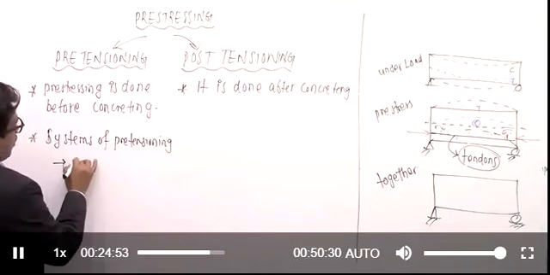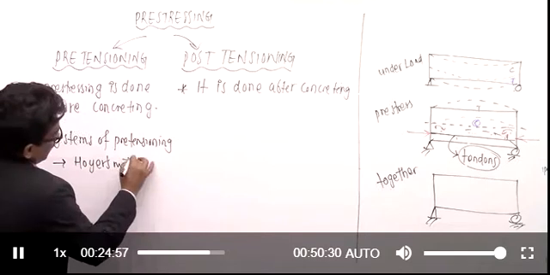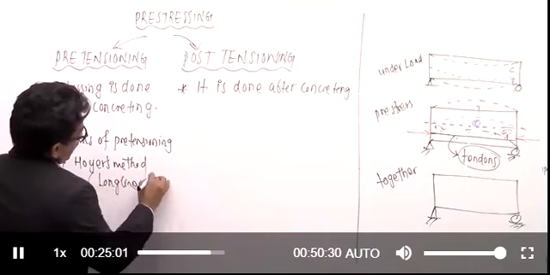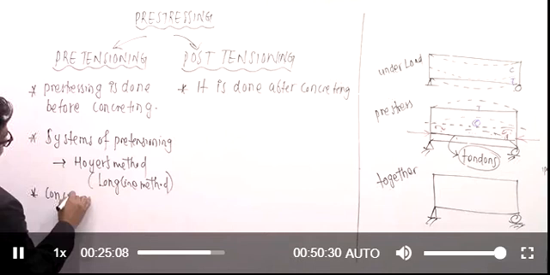We have Hoyer's method, or it's also called long line method. I have to remember one more thing here. The concrete is in contact with the steel.